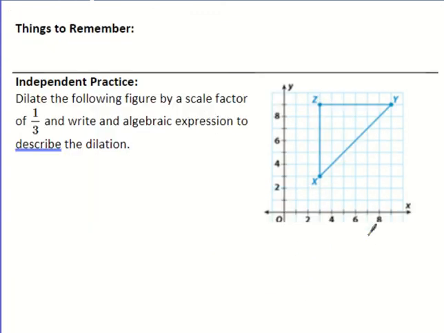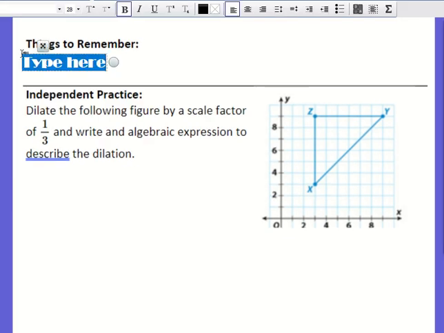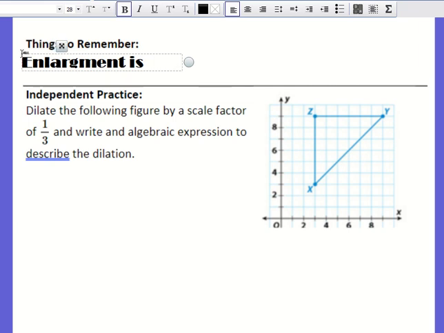All right, so the main things I want you to remember, I'm actually going to start it, but we're not going to finish it, is that an enlargement is blank to 1, and a reduction is blank to 1.